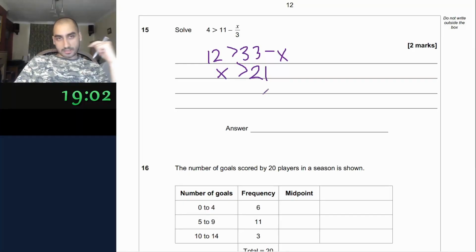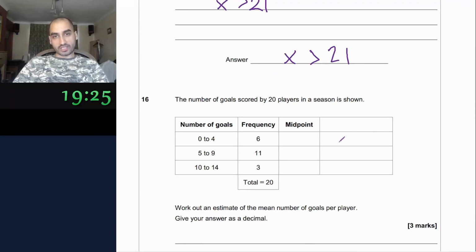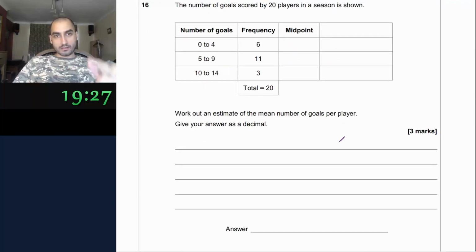Is that it? Yeah, it is. The only thing you can't do is multiply by a negative constant. If you do, then you have to swap the inequality sign.